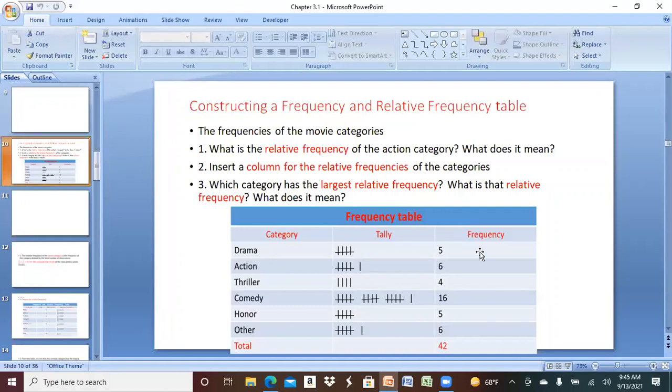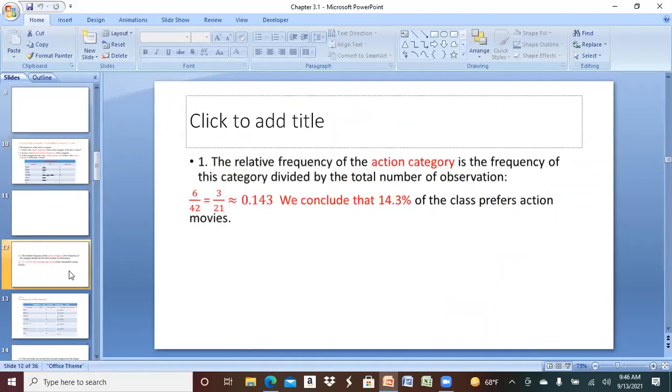Now, in this example, you find the relative frequency. The relative frequency of a category is the frequency of the category divided by the total number of observations.